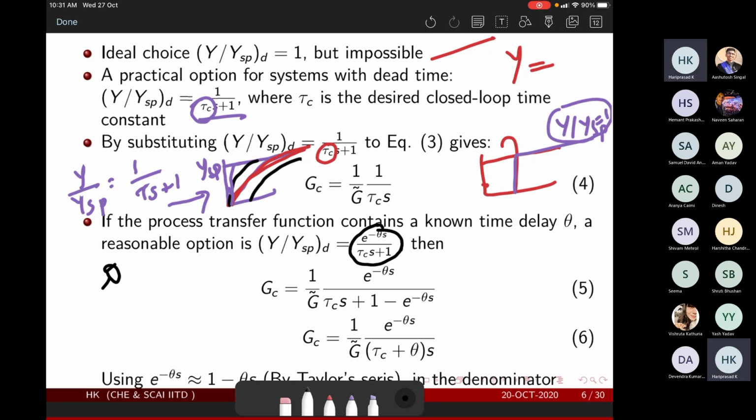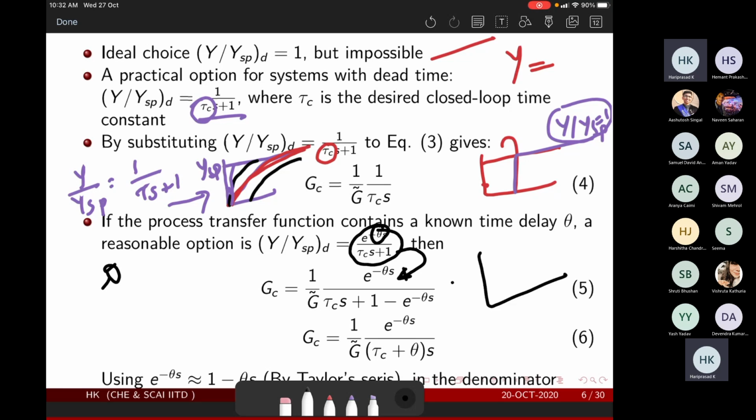So your action will not yield the reaction immediately. There is some time delay involved. You have to keep it in mind and make a cognizant design, because your process also contains theta. So my y by ysp also contains a theta. Why? Because whatever you do, it would take some time, but eventually it will reach.